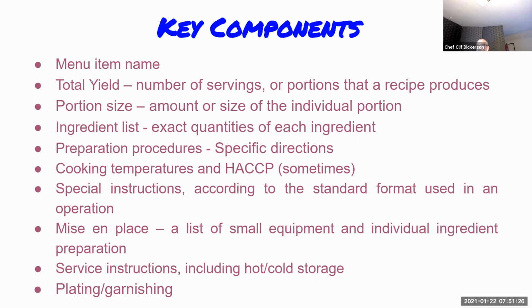And so it's going to have your menu item name, your total yield, portion size, ingredient list, then the preparation and specific directions. If there are any HACCP cooking instructions, for example, if you're anywhere with what I call the high population group that could get sick, in the sanitation department type of deal: the elderly, the children, any immune deficient, anybody with cancer, anybody immune deficient in general.